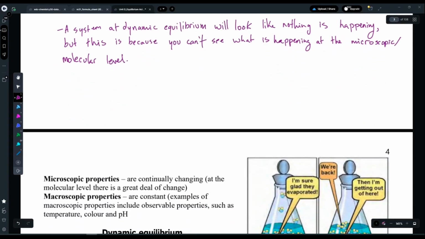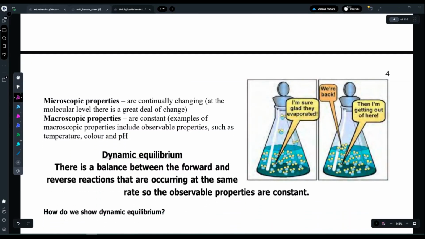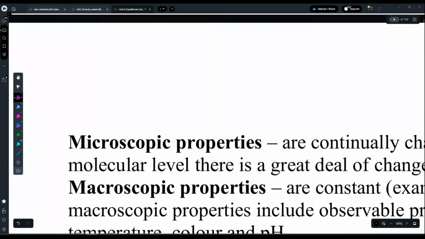So with talking about the fact that you can't see what's happening at the microscopic level, let's talk about microscopic properties of dynamic equilibrium versus macroscopic. Microscopic, micro, means that we are focusing on small stuff.